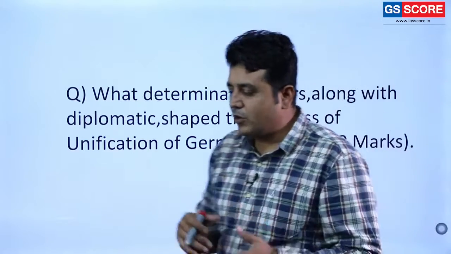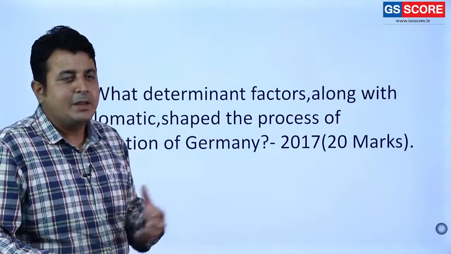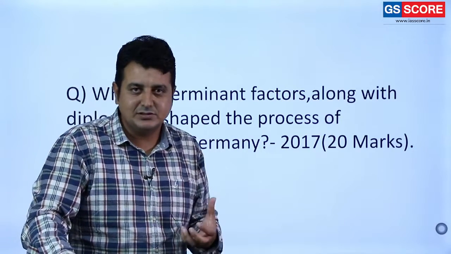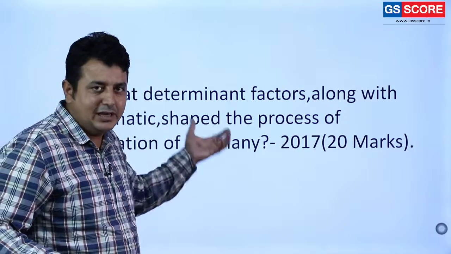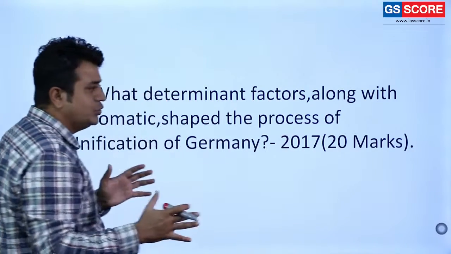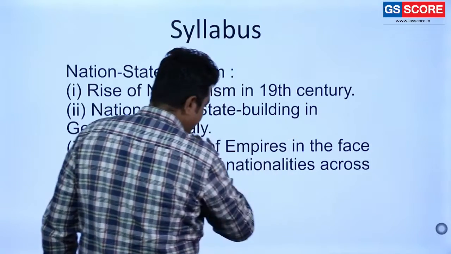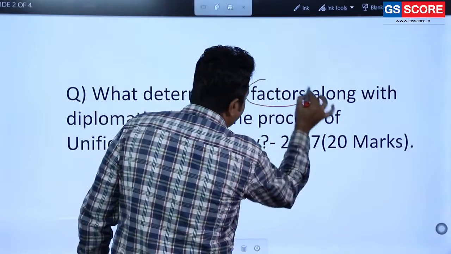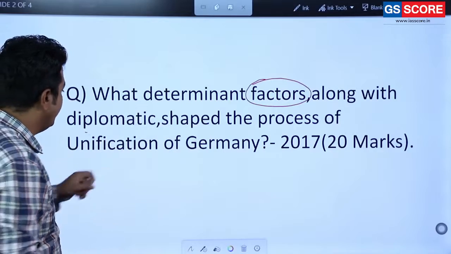Whenever you read a question, I always emphasize one thing: reread the question, because questions contain answers. If you know the keywords in it, it is very easy to deal with the question. If you go through this question, you will get to know the keywords: what determinant factors along with the diplomatic shaped the process of unification of Germany.